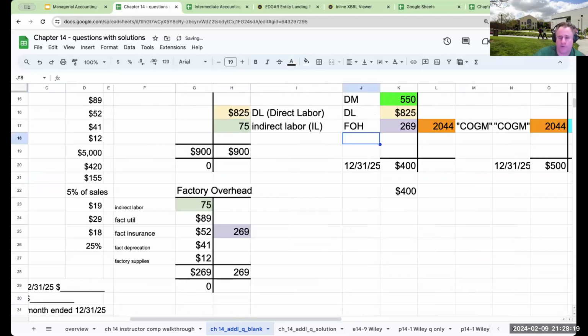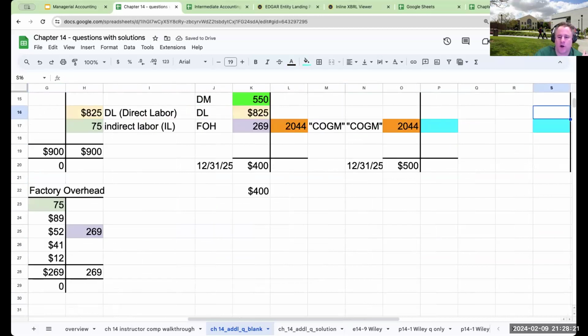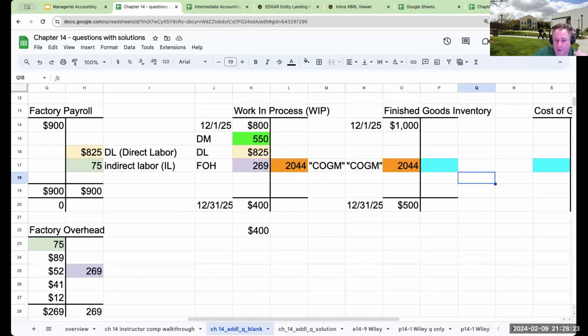Now, to determine our cost of goods sold, well, does 1,000 plus 2044 equal 500? The answer is no. I'm going to need a credit for 2544. If I subtract 2544, I get 500, or my ending balance, and this is going to basically be what goes to cost of goods sold.